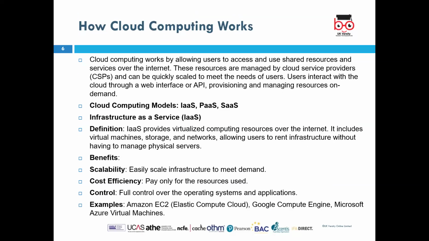So how does it work? This works by allowing us to access and use shared resources in the server over the internet. And as we mentioned yesterday, we have three types of computing models: infrastructure as a service, which we already defined yesterday, where it provides virtualized computing resources over the internet.